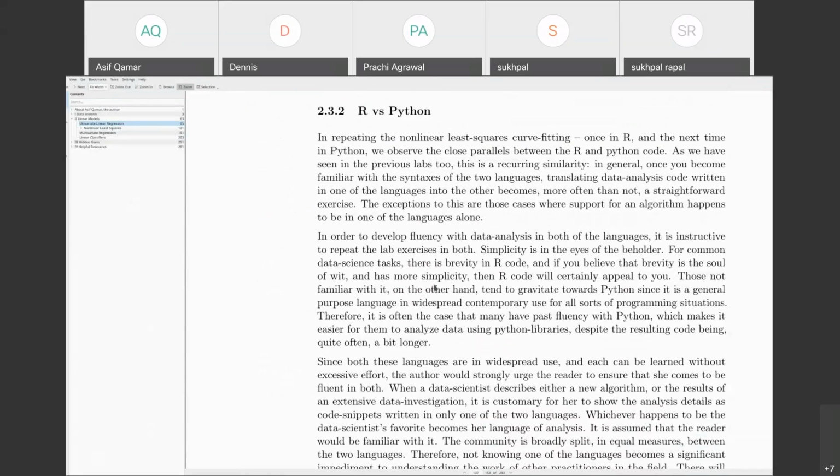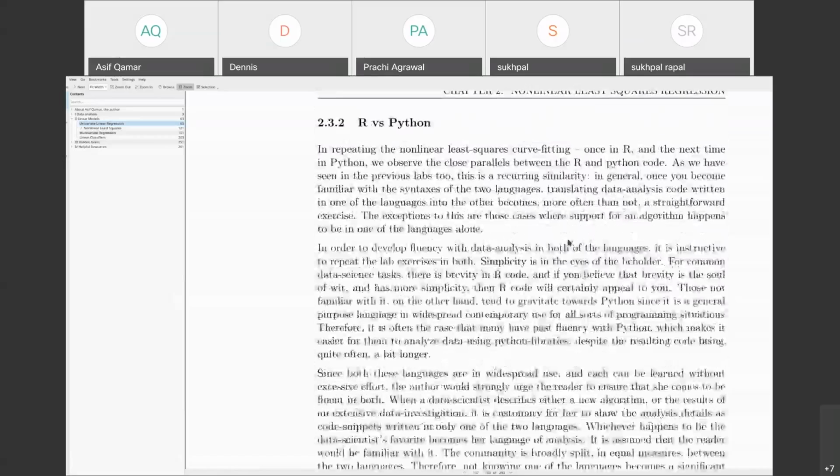What I would like to do now is talk about R versus Python. I'll read out this paragraph that I wrote. In repeating the nonlinear least squares curve fitting, once in R and next time in Python, we observe the close parallels between the R and Python code.